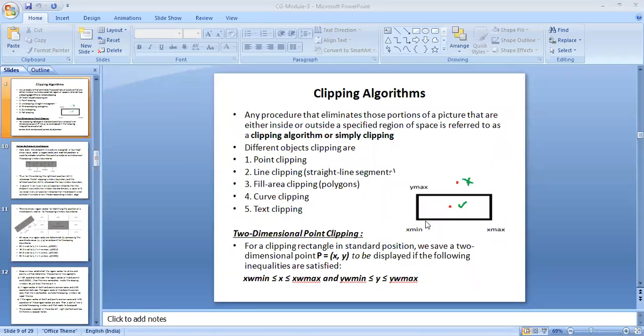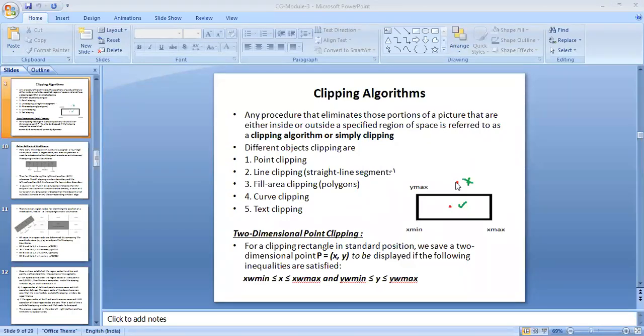But coming to y min and y max, this is y min, this is y max, so the operation is "and", which means both the constraints should be satisfied, right? This constraint will be satisfied for this upper point. But coming to this constraint, what is the y coordinate? The y quadrant is obviously greater than y min, but it should be less than y max.